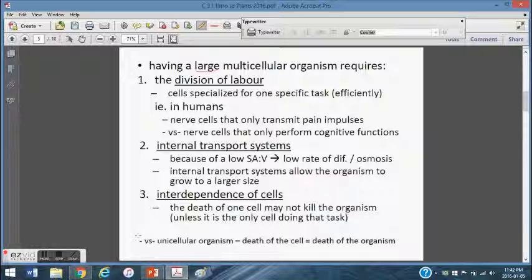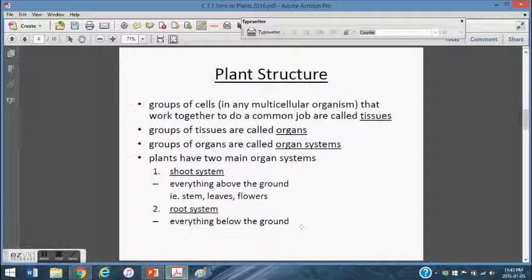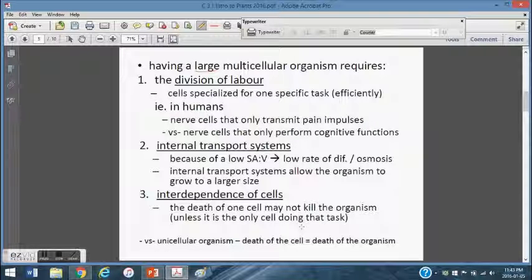We can compare this with a unicellular organism where the death of the cell means that the organism itself is dead. Right? If you've got a paramecium and something eats it or it dies, that's it. Okay? So, keeping this in the back of our minds, let's move on and talk a little bit about plants.